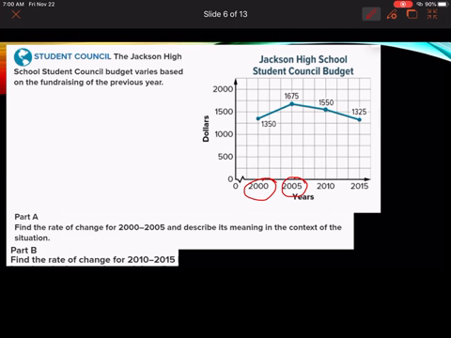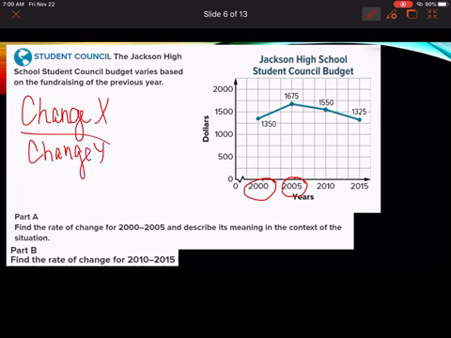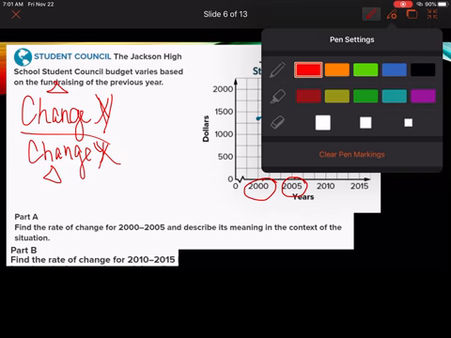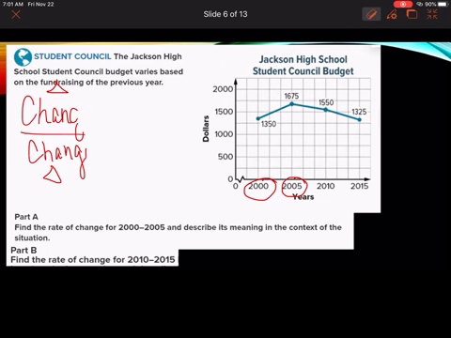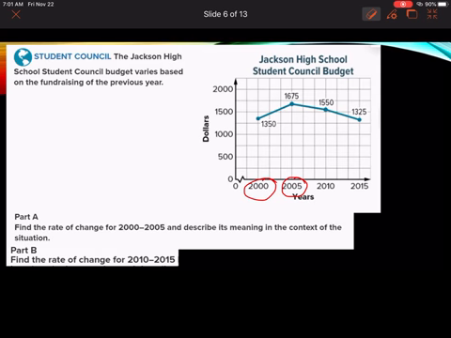So my X values, so change in X over change. Remember, I can change the triangles. So, oops, that's Y, that's X, my bad. Let's erase that. Start over.